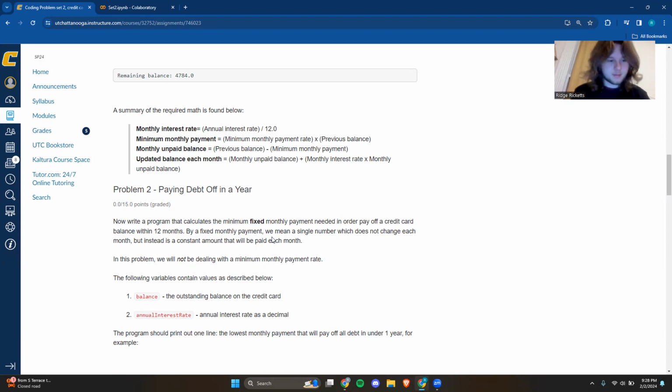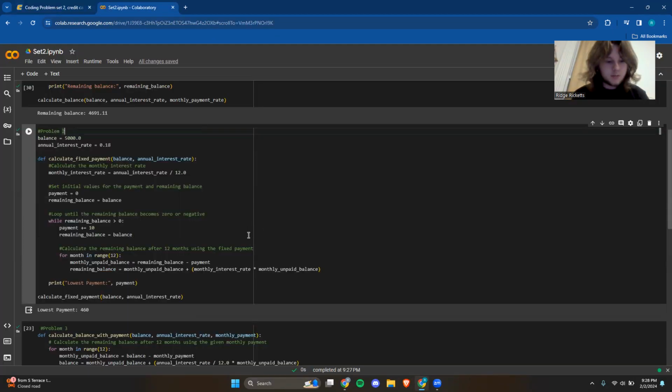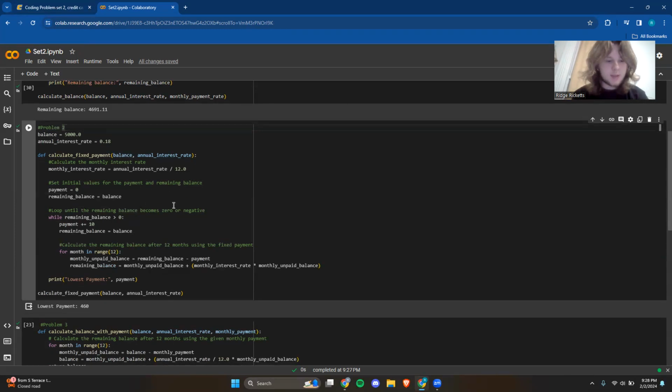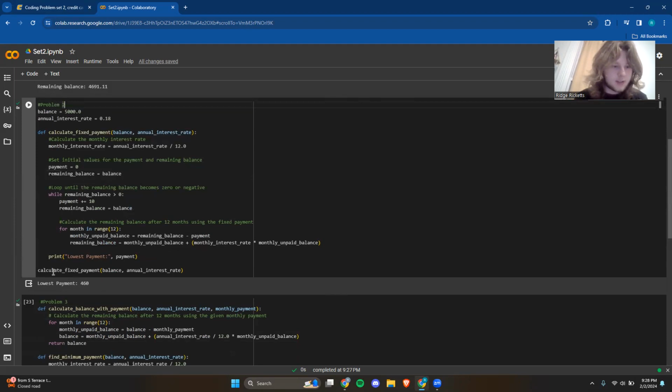So this one increases the fixed monthly payment by $10 in each iteration until it finds the minimum payment that pays off the credit card within the 12 months. And then I print it off as the lowest payment.